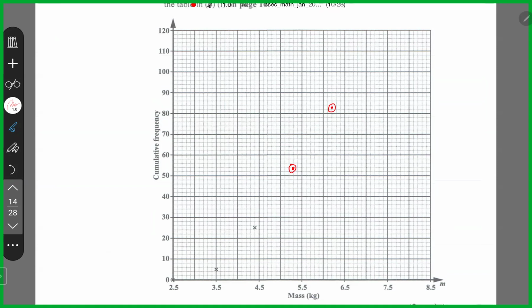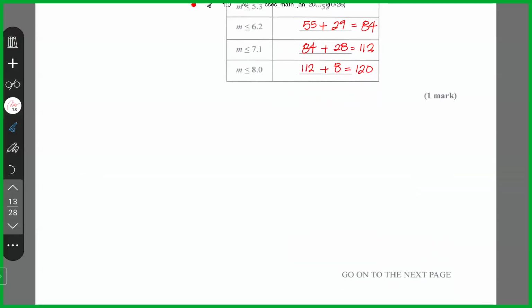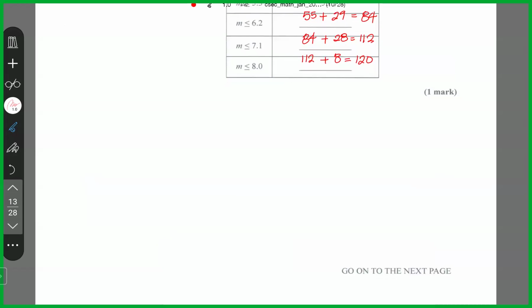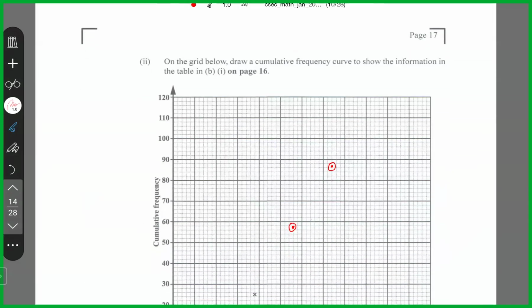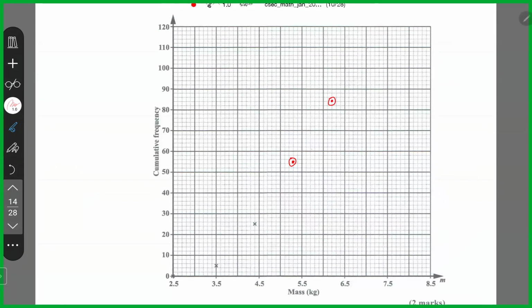Then 7.1, 112, that would put me here. And 8 corresponds to 120. That would put me here.